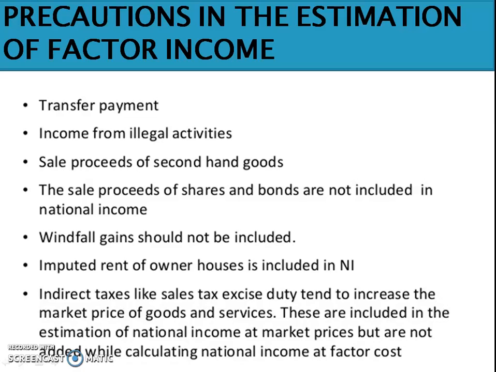They are compensation of employees, operating surplus and mixed income of self-employed, or mixed income of self earnings. These are the three categories of factor payment. So students, I hope you understood all this.